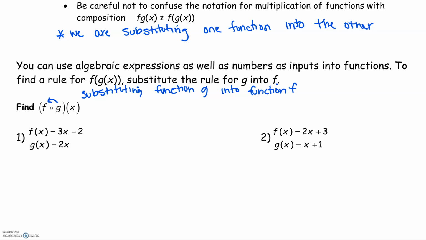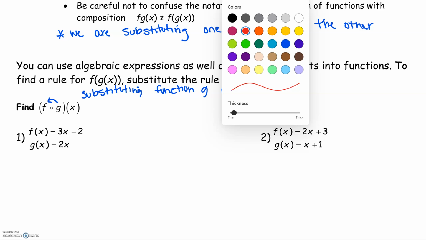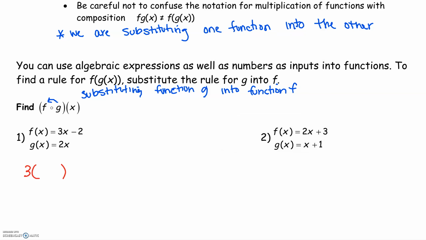G going into f. So I'm going to write out the f function and then plug the g in. Kind of like this is the player and this is the game. So let's write out our function, our game, and then our g is going to be plugged into it. 2x is going to plug in. And then we simplify.